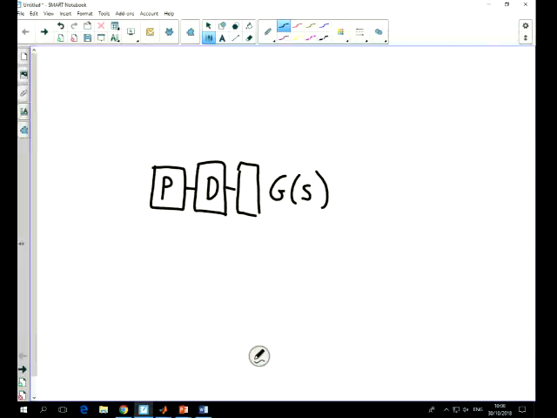It's actually done in that order. So it's still a PID controller, but First you do the proportional part, then you do the derivative part, then you do the integral part.